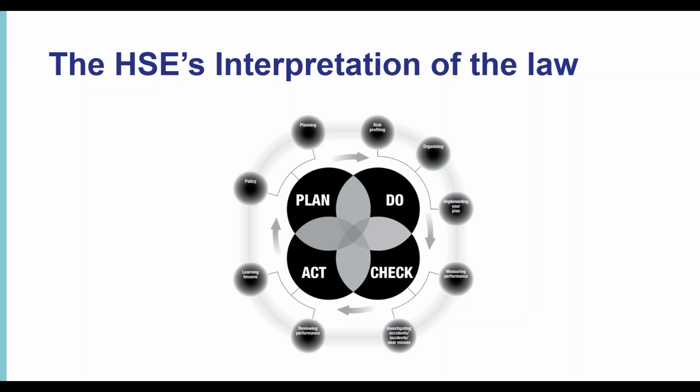It's the Plan, Do, Check, Act model that everyone's probably familiar with. What I think is important to think about here is the Act part of it, which talks about reviewing performance and learning lessons. If we go into HSG 65, it says that action management and clearly closing out things that we discover need to be done is important. So it is a legal requirement.